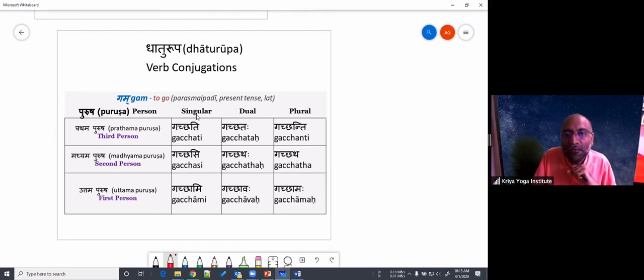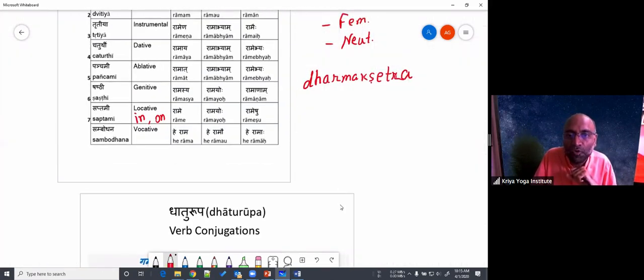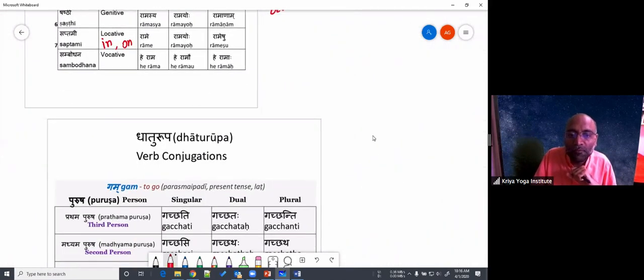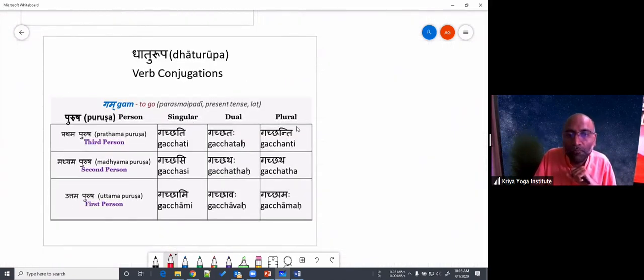And there are three numbers: singular, dual, plural. So Sanskrit has three numbers. The same three numbers you saw in the noun forms also: singular, dual, plural.